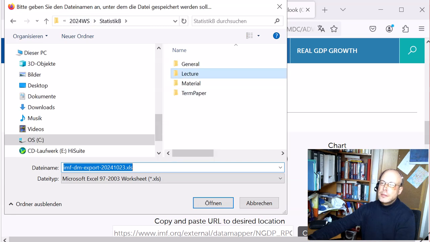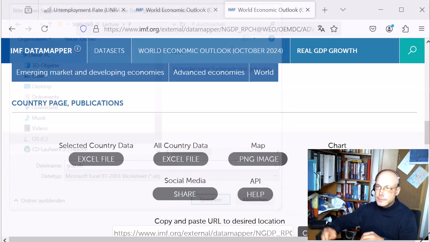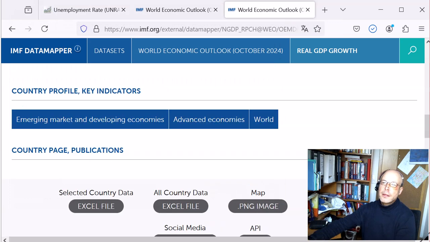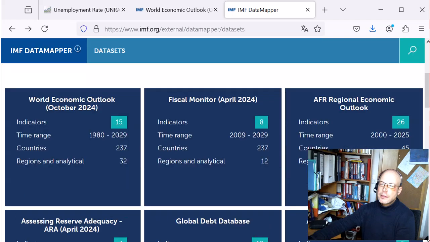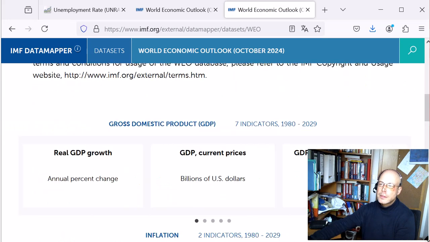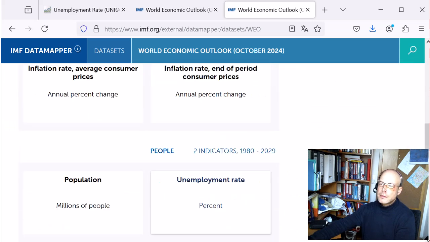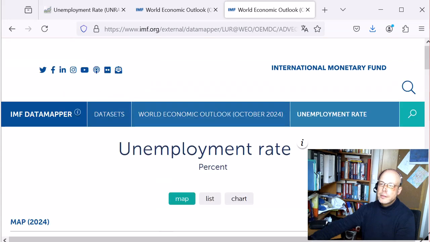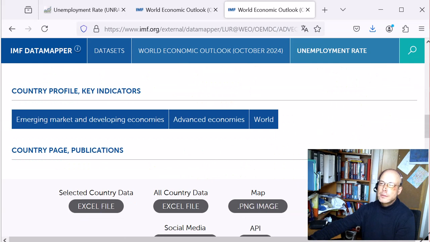statistics lecture. This is GDP. Going back, and again World Economic Outlook, and where is it? Here, unemployment rate. And I also just take all data.